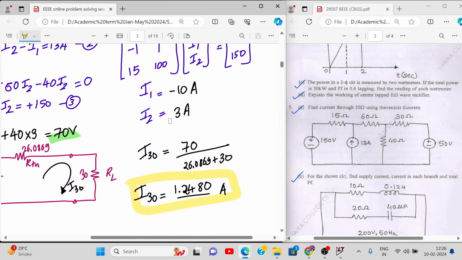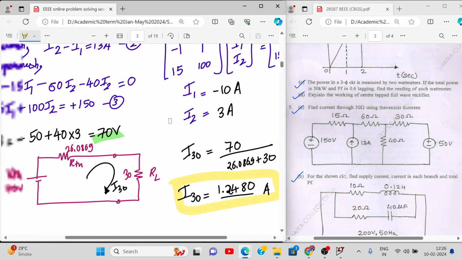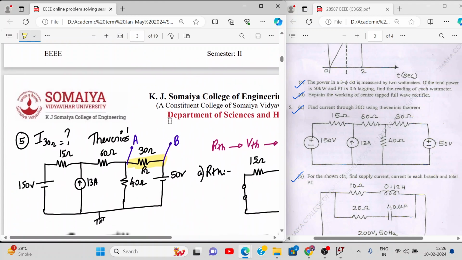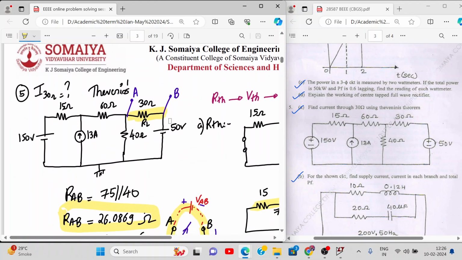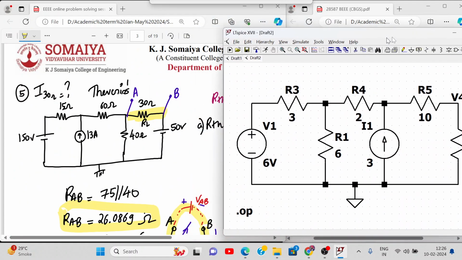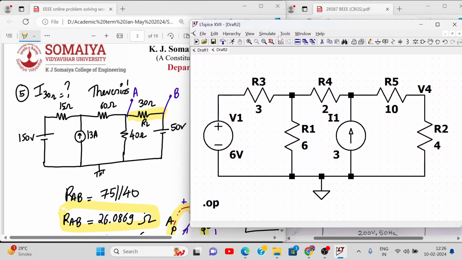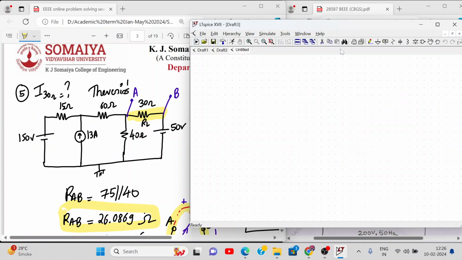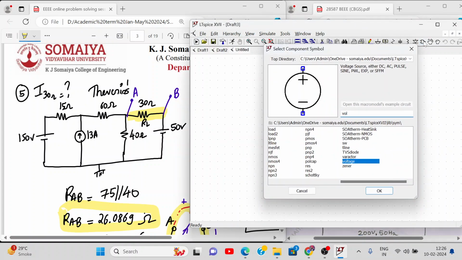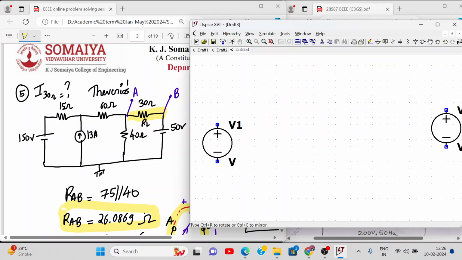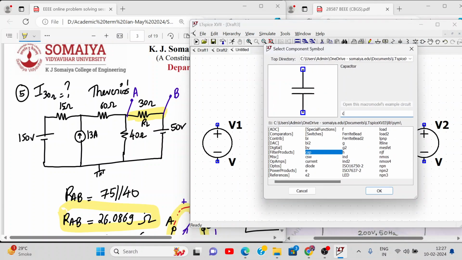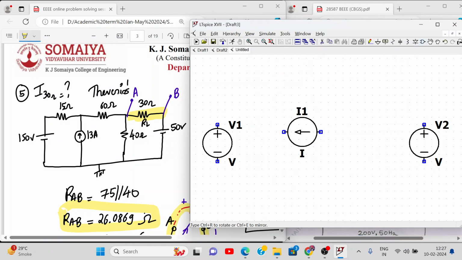You can check. This is the way we have solved. And now we go back to the original numerical and try to replicate this over here in this tool. Okay, so we have a voltage source. Just 1 minute. We will have a current source. Direction is like this. Then we have all the resistances.